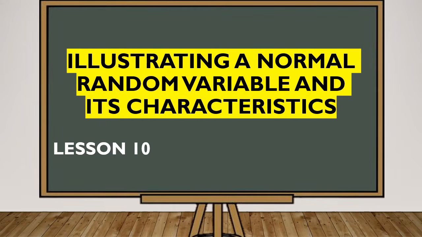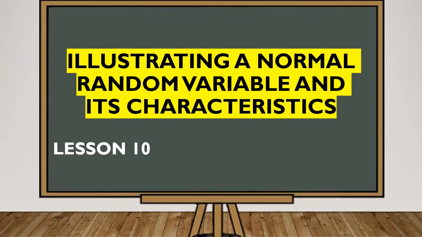Not all data are discrete. We also have data which are continuous. Examples of continuous random variables are your height, your weight, the age, the time, and so on. The process in determining probability distributions of discrete is different from the process in determining the probability distribution of a continuous random variable.